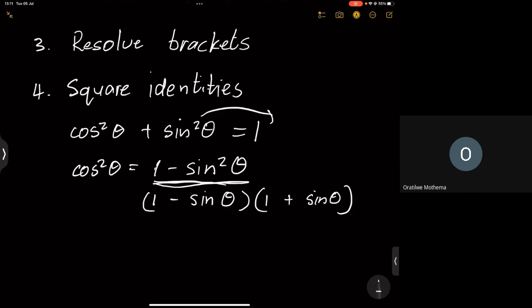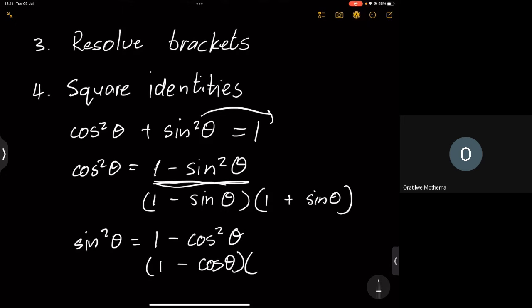For now, these are things that I just want you to know. And just like we said, you might have sine squared of theta and may need to substitute it with 1 minus cos squared of theta. And once again, you'd have 1 minus cos of theta and 1 plus cos of theta if you want to factorize it. This is how we always factorize the difference of two squares.